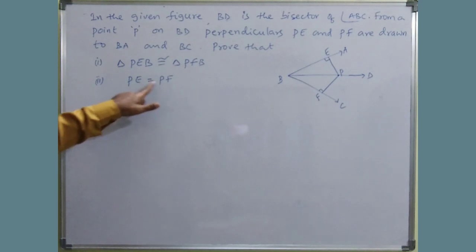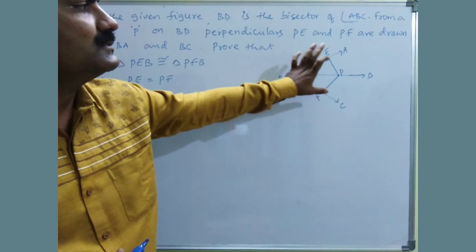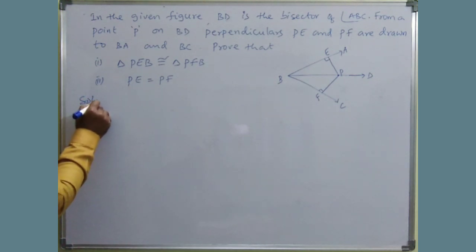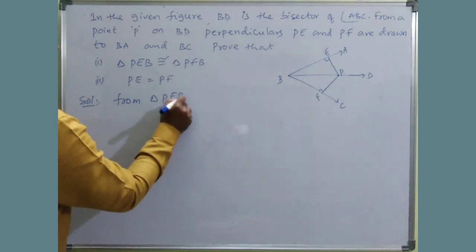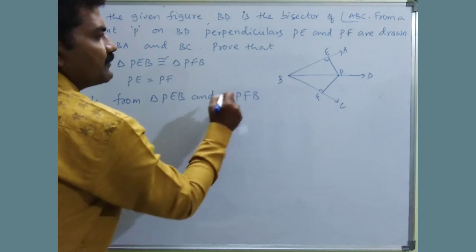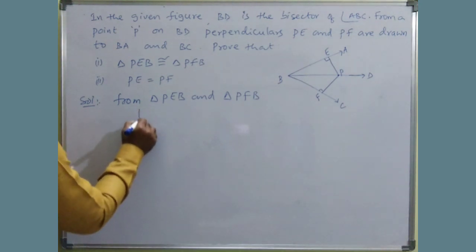Very simple. PE and PF are the corresponding parts of two congruent triangles. Anyhow, first of all, we have to prove those two triangles congruent. Let us see. From triangle PEB and triangle PFB, what is angle PEB?